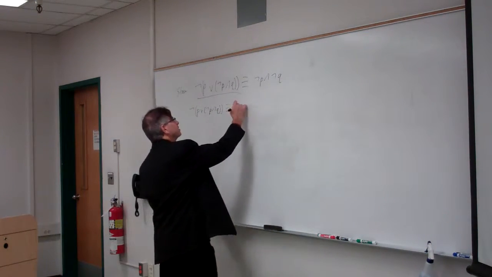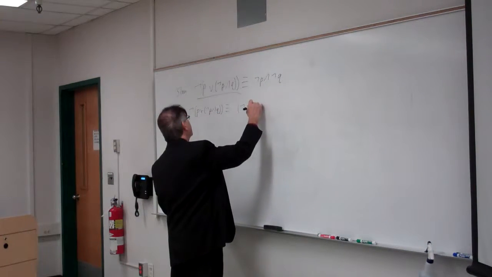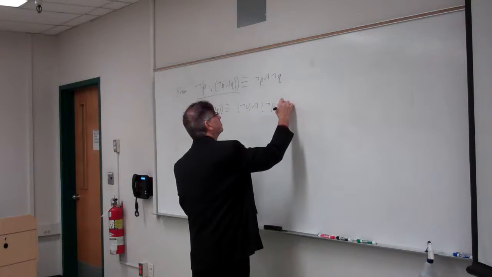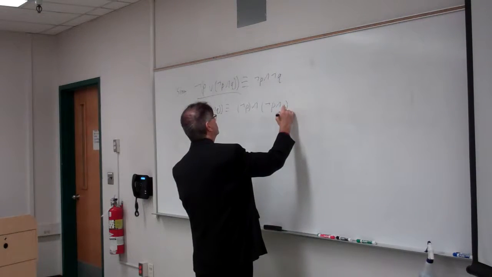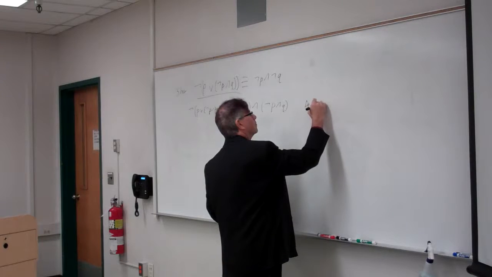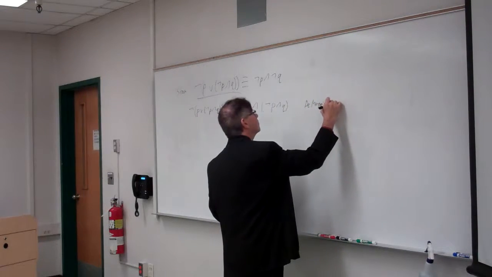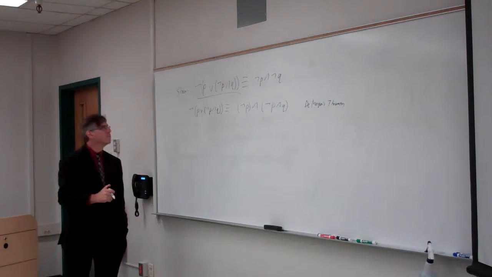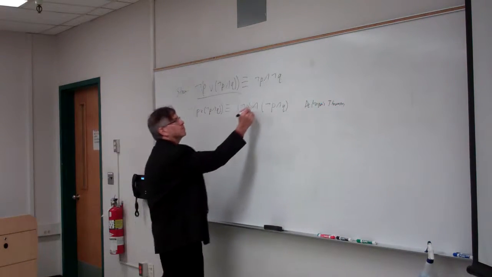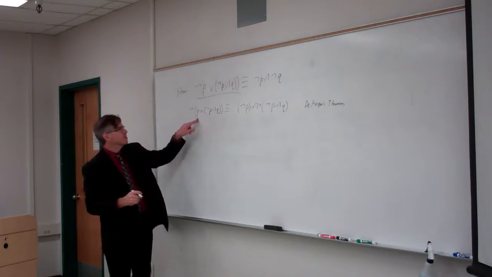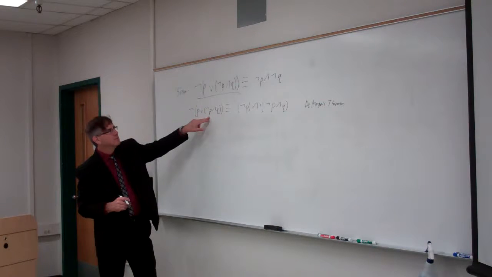So this is equivalent to not P anded with not P and Q. Negate both of those. So not this or this is not this, anded with not that.